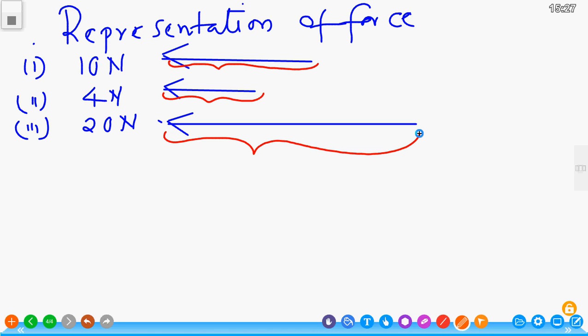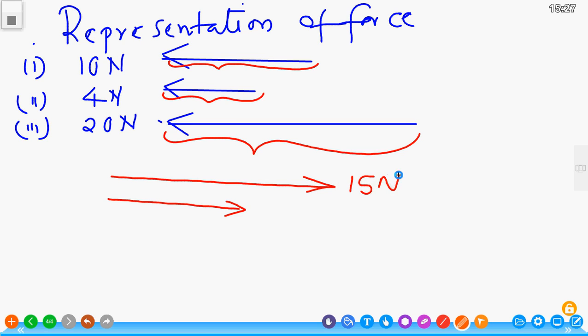In other words, a longer line will represent a larger force. A shorter line will represent a smaller force. Maybe 15 newtons, this could be maybe 8 newtons. So we're simply saying that force is represented using a line to denote the magnitude and the arrow on the line to define its direction.